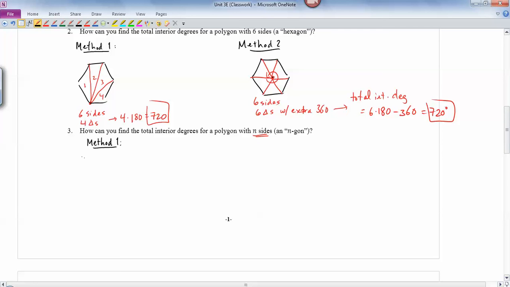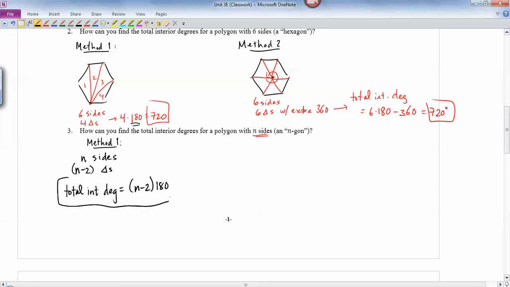So if it has n sides, and we cut it from a corner going out, we'll end up with n minus 2 triangles. And so then we would take that number of triangles and multiply it by 180 degrees. So total interior degrees would be n minus 2 times 180, just like that.